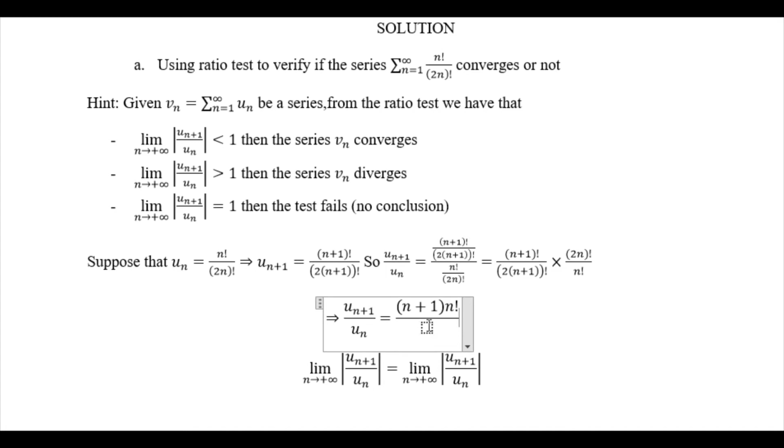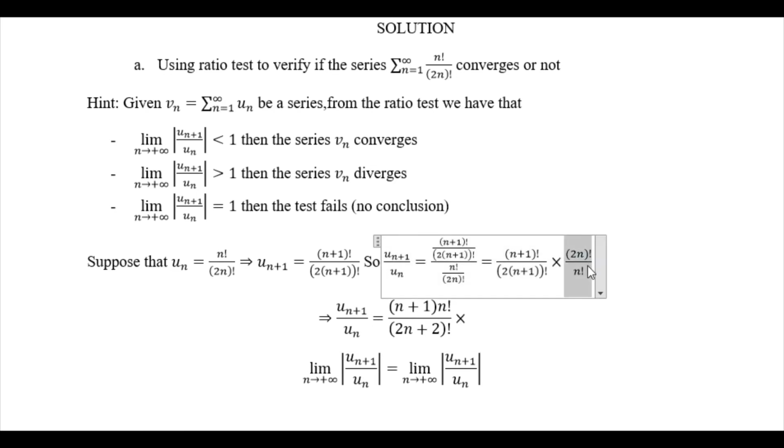Now 2 into n plus 1, all that factorial, is the same as 2n plus 2, all that factorial, then times this numerator, this remains the same. I'm still going to rewrite it, so I have this.